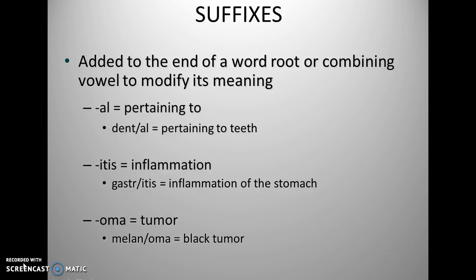Then you have oma. Oma is tumor, like melanoma. Melanin is a natural pigment of the skin, and the cells that produce melanin can sometimes become tumorous. You see this many times in lighter skin individuals.